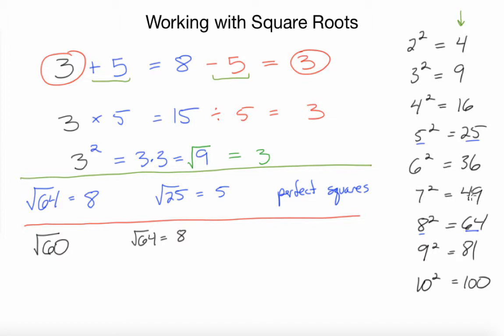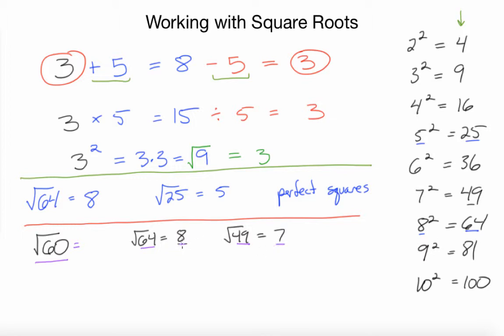But I also have 49. 49 is the only one less than 60, and the square root of 49 equals 7. So what can I conclude about the square root of 60? Well, since 60 is in between 64 and 49, the square root of 60 has to be in between 8 and 7.